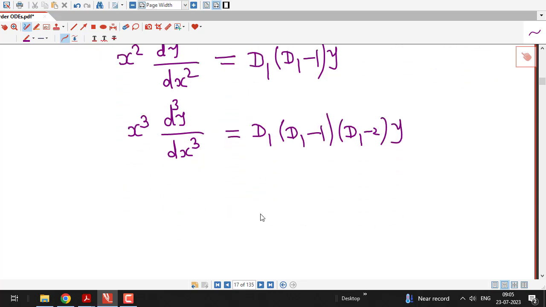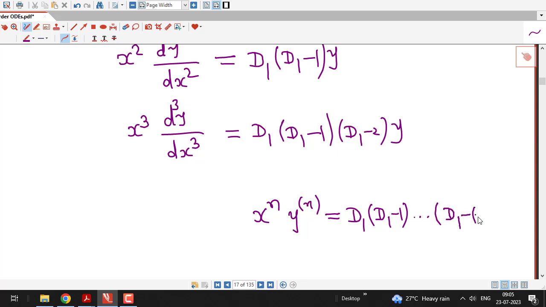And in general, if I have x raised to n times nth order derivative, then we will remember that it is replaced by D1 into D1 minus 1 into D1 minus 2 and so on up to D1 minus n minus 1. If we have n here, we will go up to n minus 1 and we will multiply all these things.